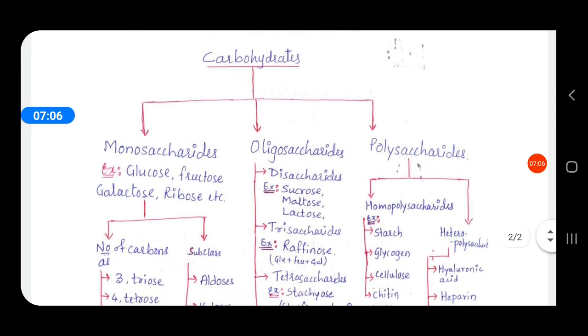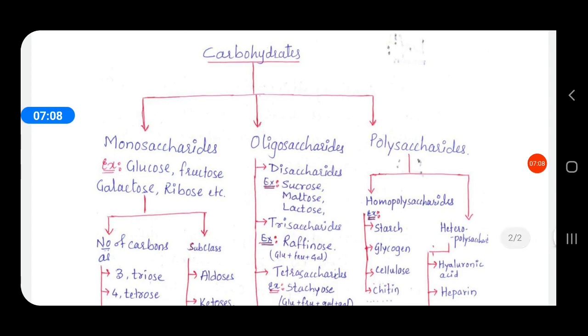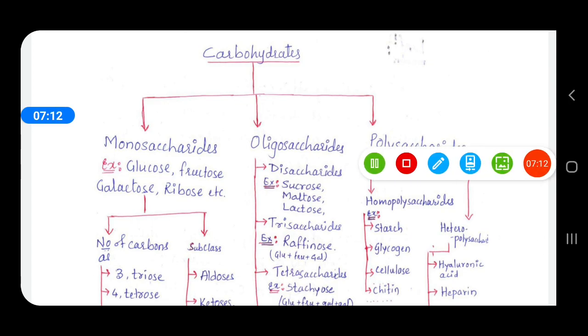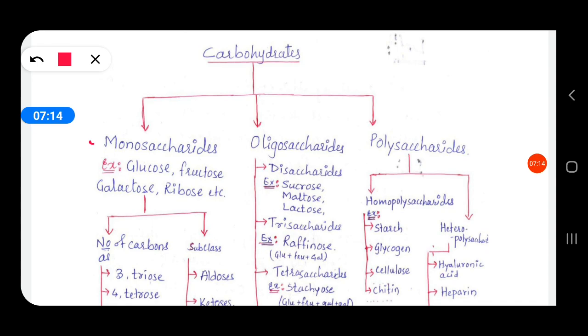So they are classified as monosaccharides, oligosaccharides and polysaccharides. There are three classes: monosaccharides, oligosaccharides and polysaccharides. Saccharide is sugar. So depending upon the number of sugar molecules, the carbohydrates are classified.